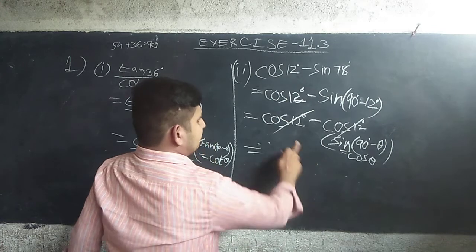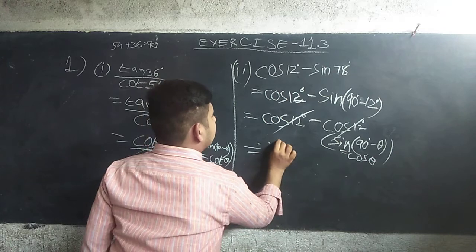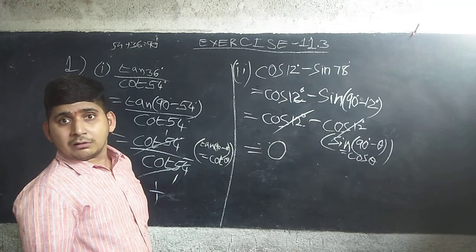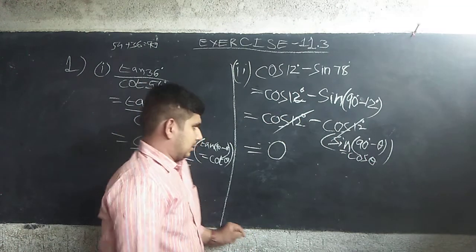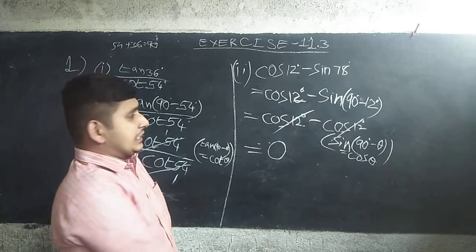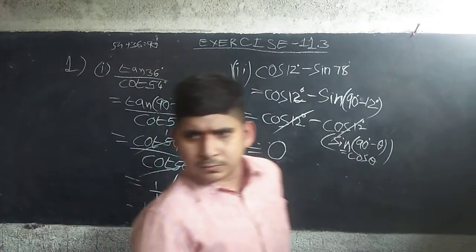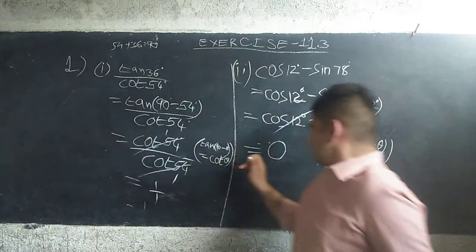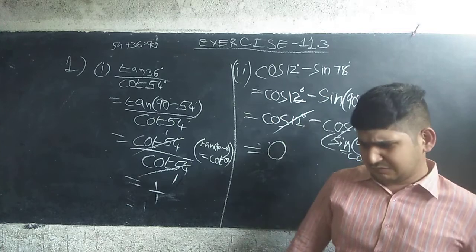So cos 2 degrees minus cos 2 degrees equal to 0. In the same way we have to do all the problems.